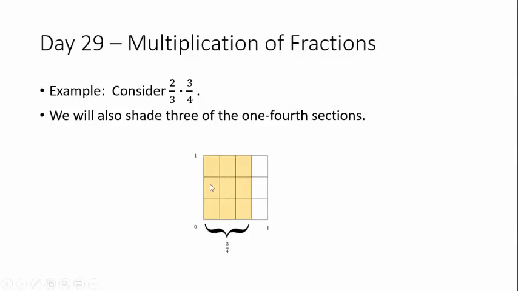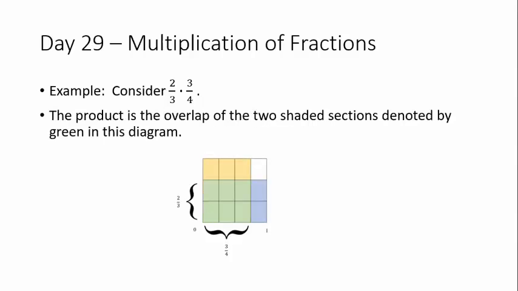So I have the 4 vertical strips here, and I'm selecting 3 of the 4. I've colored them yellow. To form the product, I'm going to select the overlap. So where the blue strips and the yellow strips overlap, I've colored green.